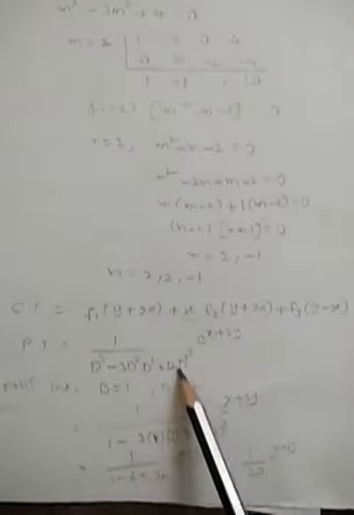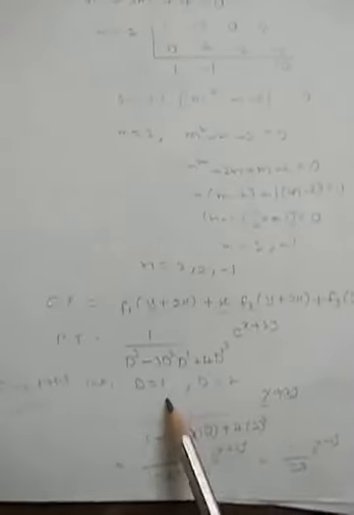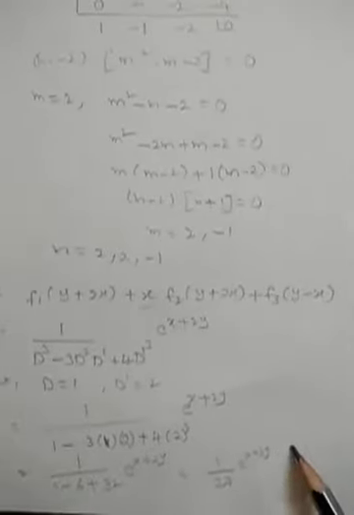Now finding the particular integral, it is 1 by f of DD dash e power x plus 2y. Comparing with e power ax plus by, here a is 1 and b is 2. Now put D equal to 1 and D dash equal to 2. Replacing these values and simplifying, we get 1 by 27 into e power x plus 2y.